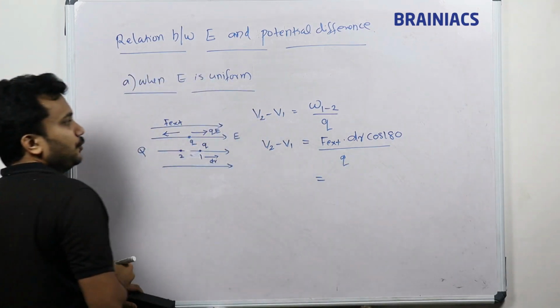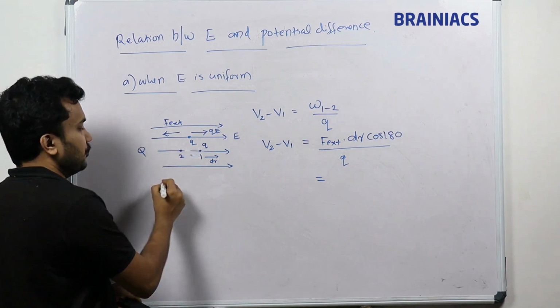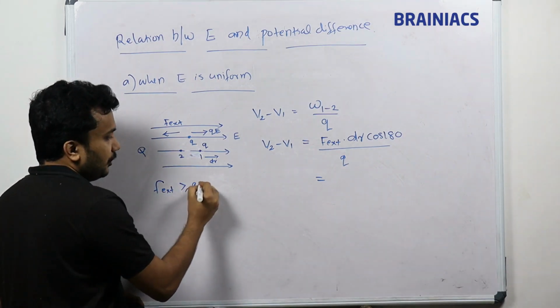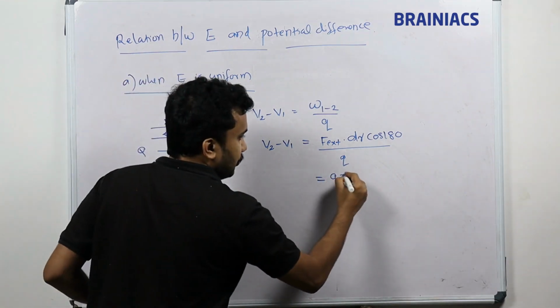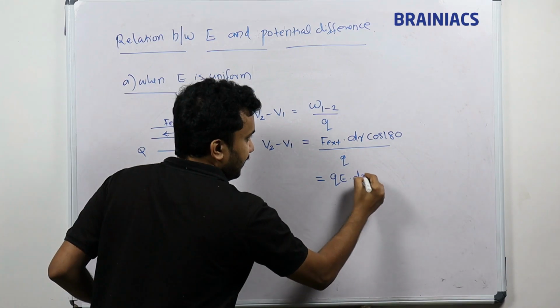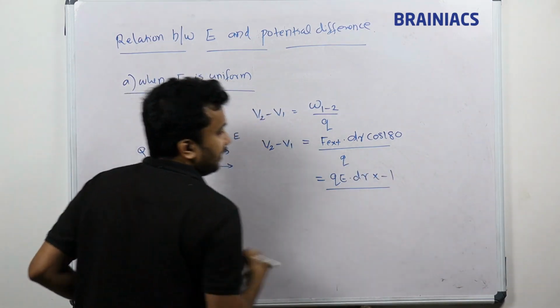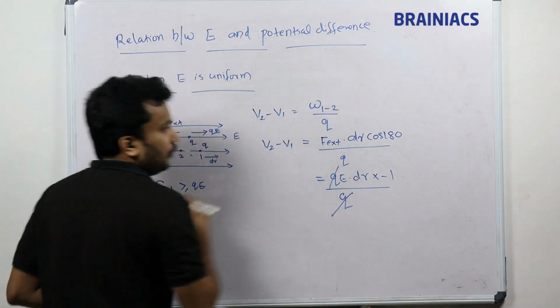What is the external force value? External force will be slightly greater than the QE force. So I can say F external is slightly greater than or equal to the QE force. So I can equate this: QE dot dr into cos 180, which is minus 1, divided by the charge Q. So Q gets cancelled.